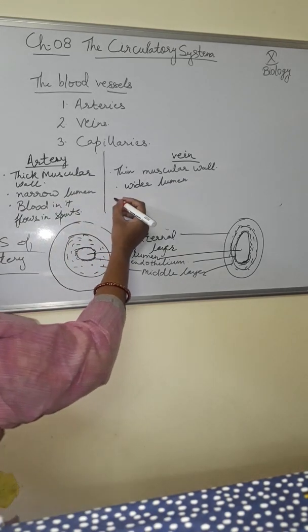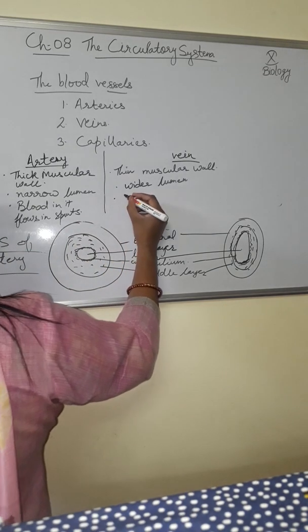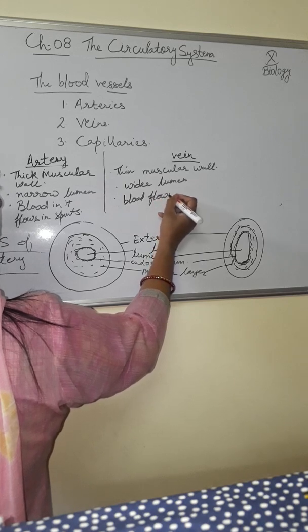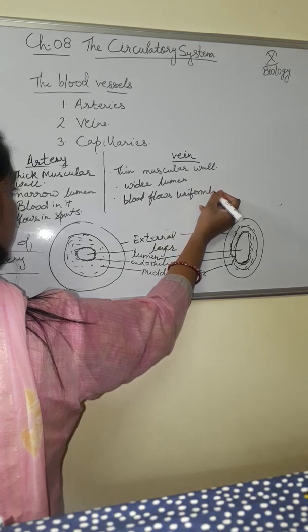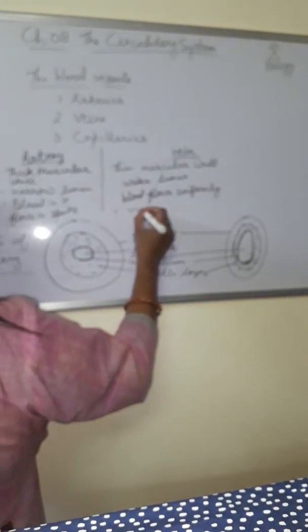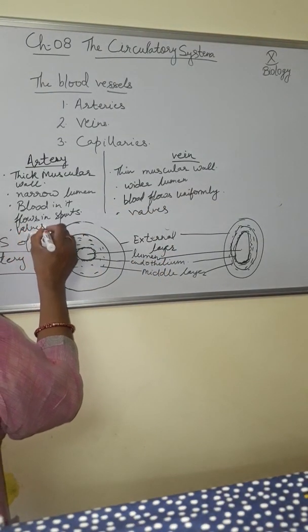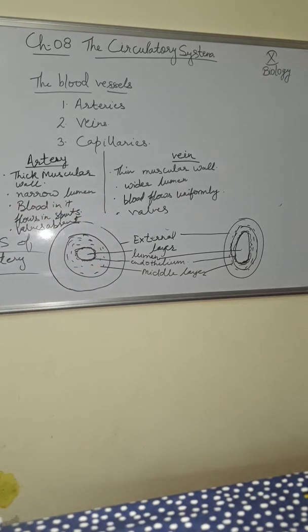Now here blood flows in it uniformly. Okay, and artery have valves, और यहाँ पे valve absent. Valves absent. Clear? Difference between artery and vein.